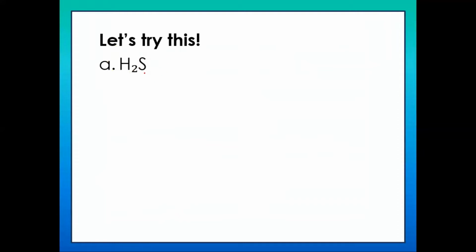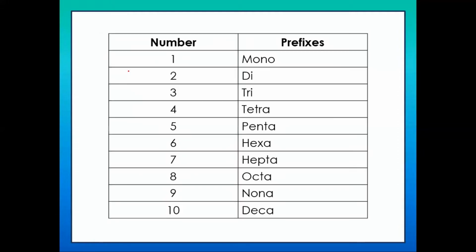You've seen here that hydrogen has 2 atoms because 2 here is a subscript. Following the second rule, we have to identify the prefix involved here. So 2 means di. We're going to go back to the said table, which is this one. Hydrogen has 2 atoms in the given formula.